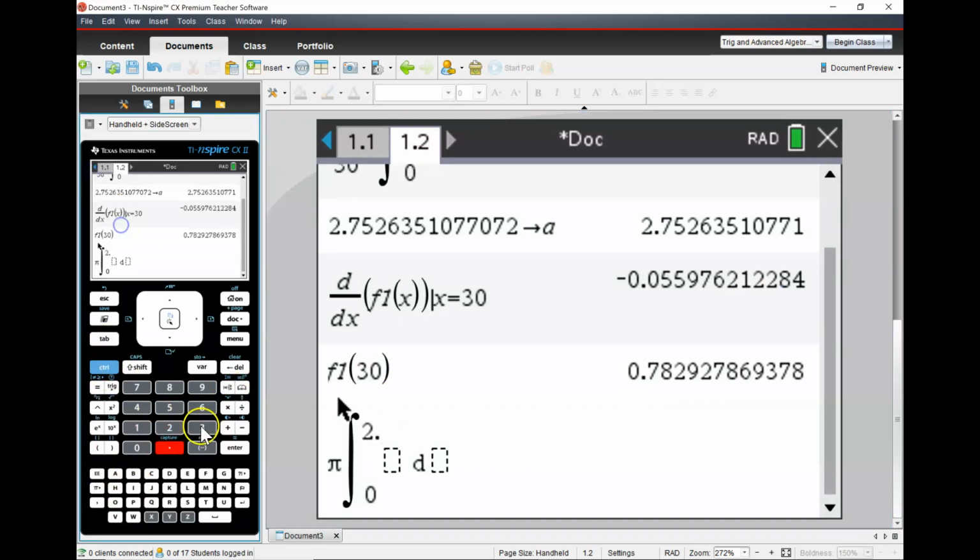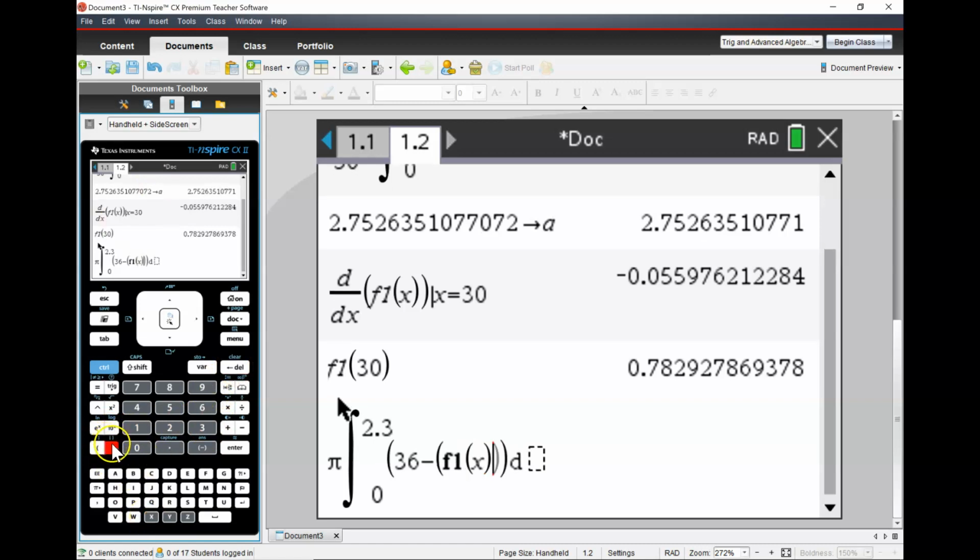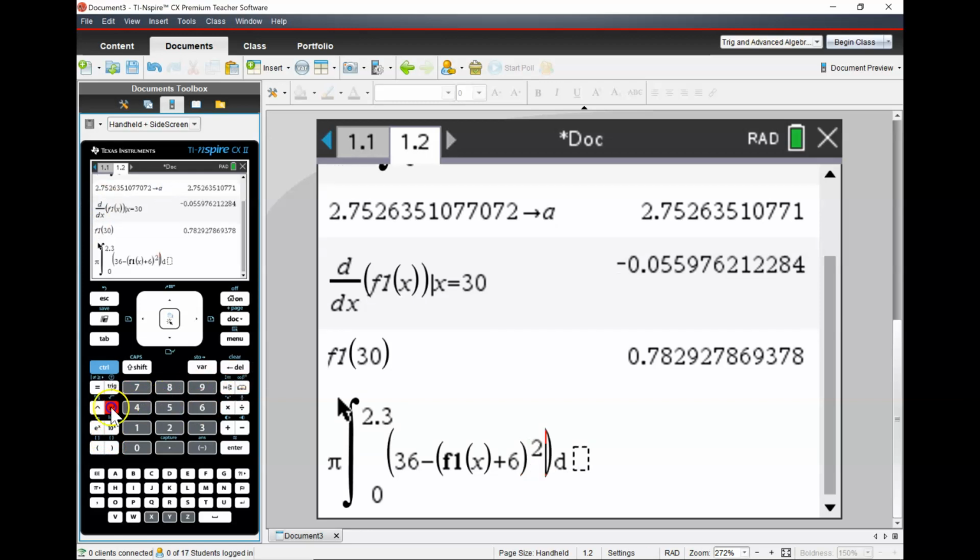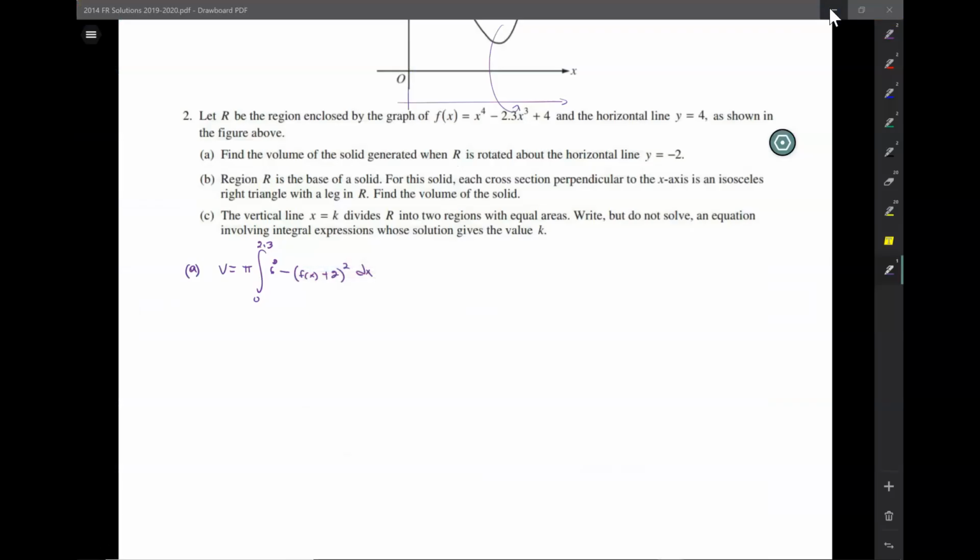You're pressing tab for these, right? 36 minus f1 of x in parentheses plus 6 squared dx. Wait, why did you have f1 of x plus 6? It's plus 2. Minus negative. Oh, wait. Okay.